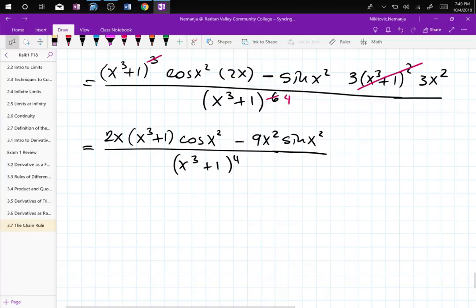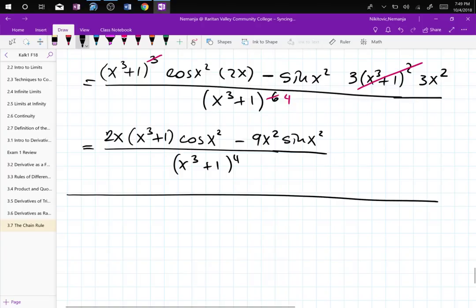Ready for the last calculation? I know, right? It's amazing. So we said no need for quotient rule anymore. We learned everything we need, right?